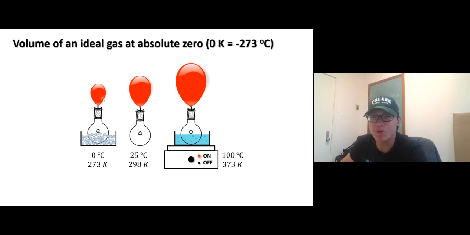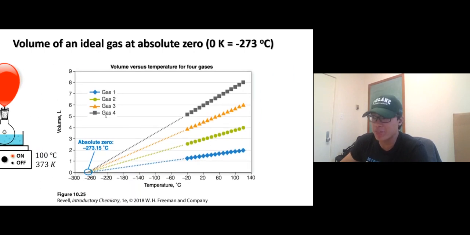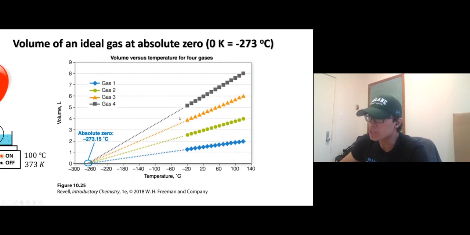Is that possible? Mathematically, it's possible. So they extrapolate. Well, we can't really go down that low. We don't really have anything that is that cold, right? But we extrapolate the graph. As we decrease the temperature, volume comes down, with volume on the y-axis.